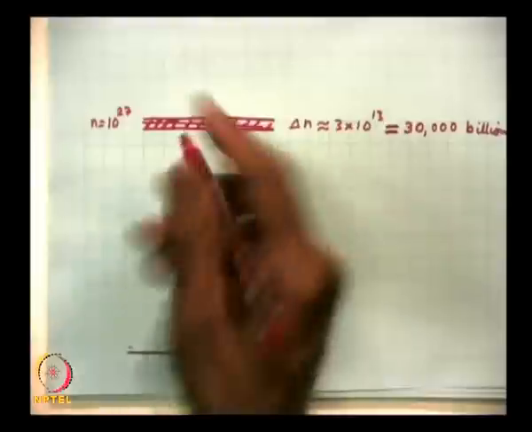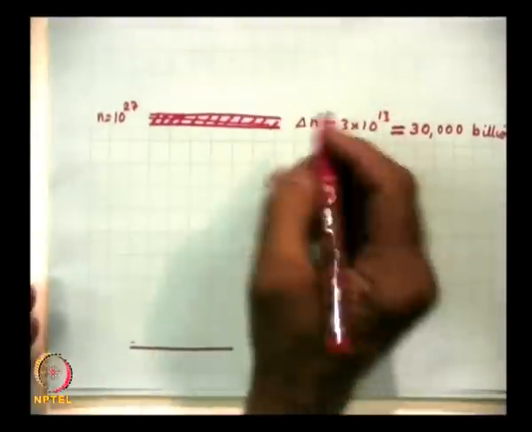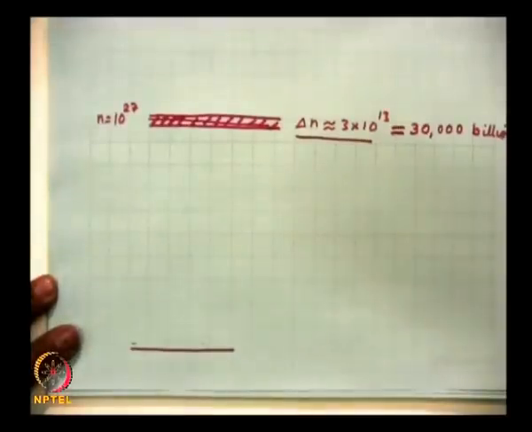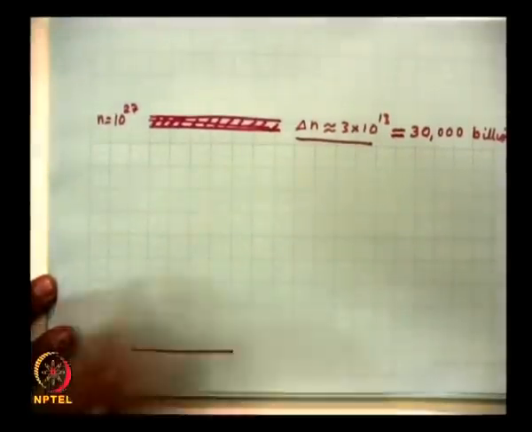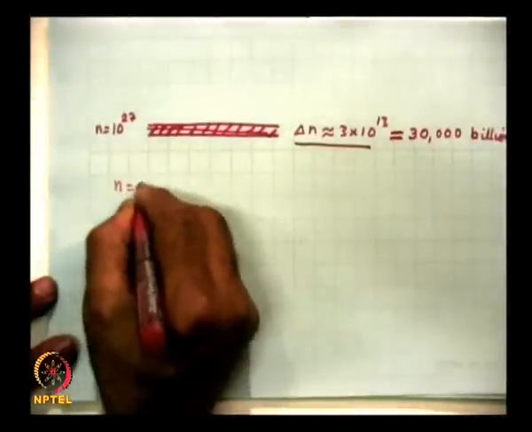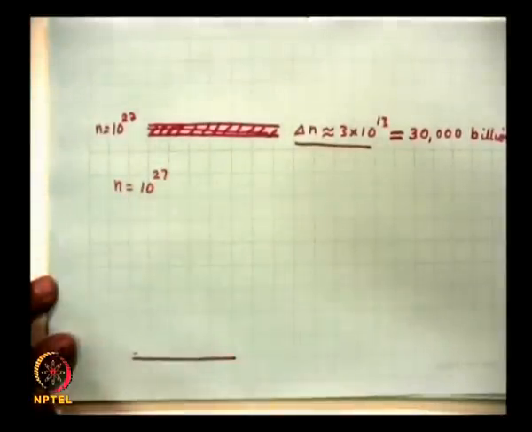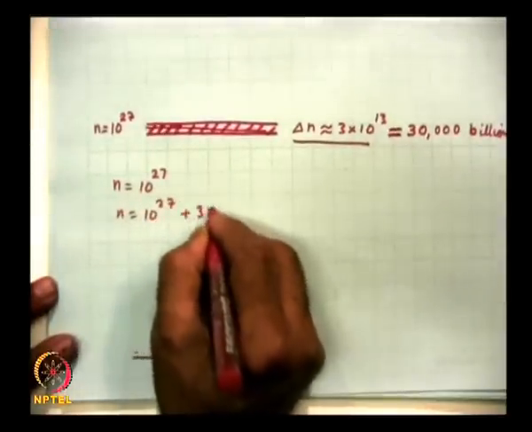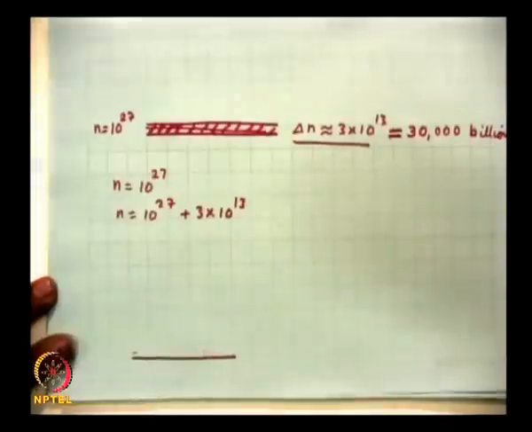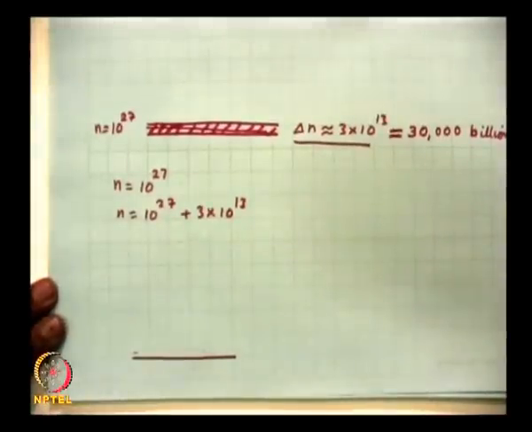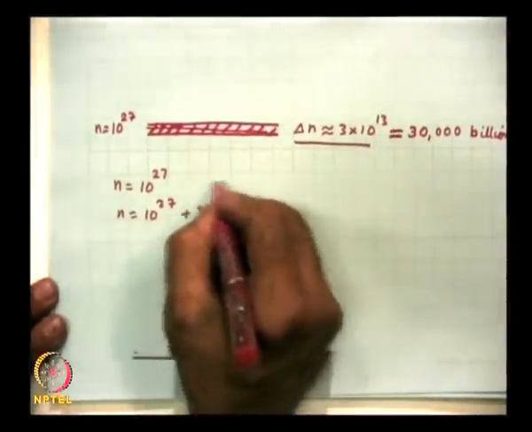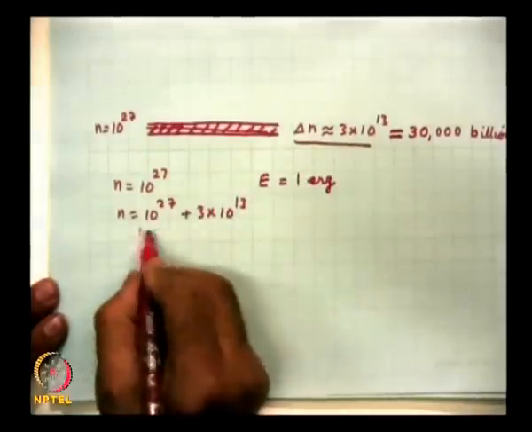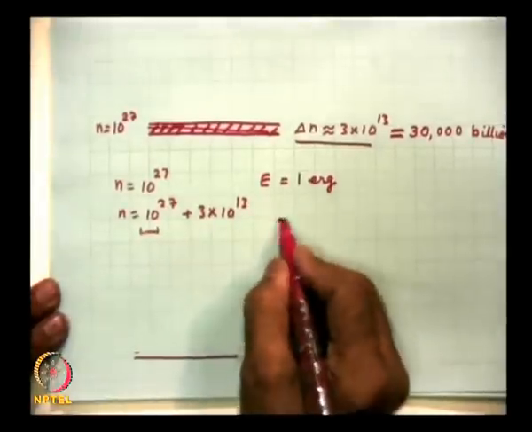But the spread of energy is very small, because this is only 10 to the power of minus 13 of 10 to the power of 27. So, as n goes from 10 to the power of 27 to 10 to the power of 27 plus 3 into 10 to the power of 13, the change in energy is extremely small, because here E, I know, was 1 erg, and this will be 1 erg plus how much?